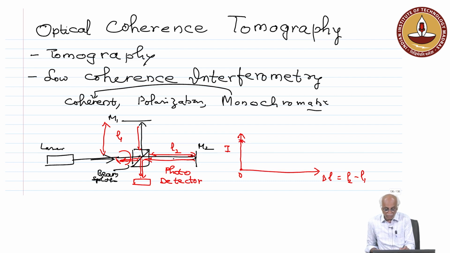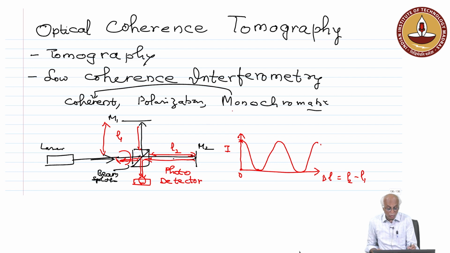As this path difference changes, you will see a change in intensity, because at one point the path difference is such that both these waves are out of phase when they meet here. So destructive interference, and you end up with 0 intensity, and then again it will increase and decrease, and keep on going.